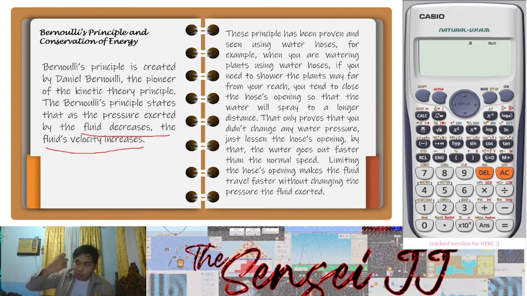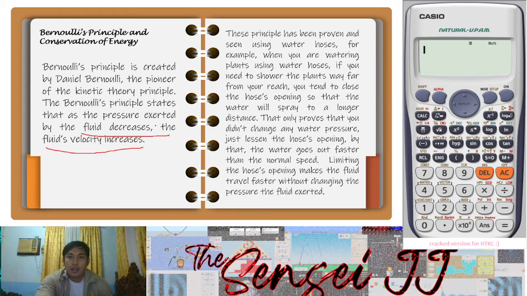Okay, so when you want a greater velocity, you make the exit area of our hose smaller, so it will give a splash compared to the usual exit and the usual output of our fluids.